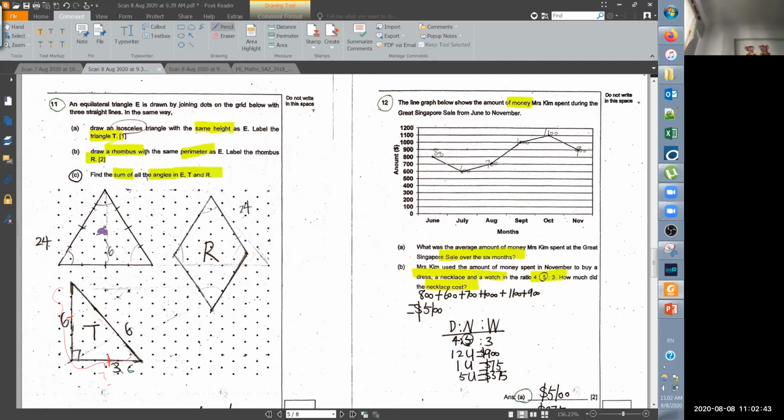So, 内角180 for triangles. 内角360 for this is called what? This is called a quadrilateral. 你还记得上节课我叫你背一个四边形、五边形，你还记得吗？So quadrilateral 内角是360。Okay, so before we continue we take a break.